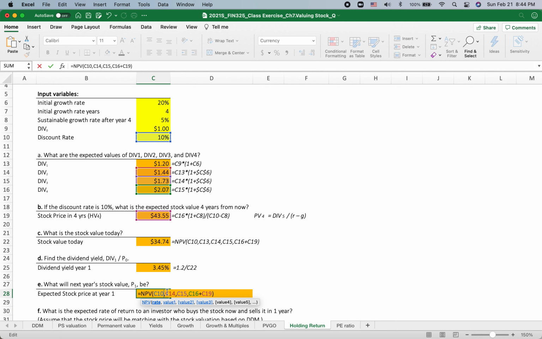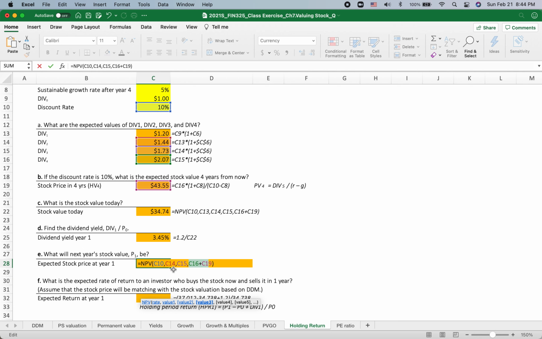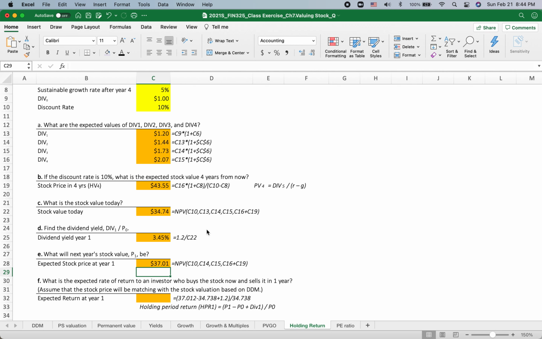Excel automatically considers this order: the value 1 is the year 1 cash flow, year 2 cash flow, this plus 2 is the third year cash flow. It's automatically calculated with this 10% discount rate. So 37.01 is the expected stock price at year 1. After 1 year, the expected stock price is 37.01.